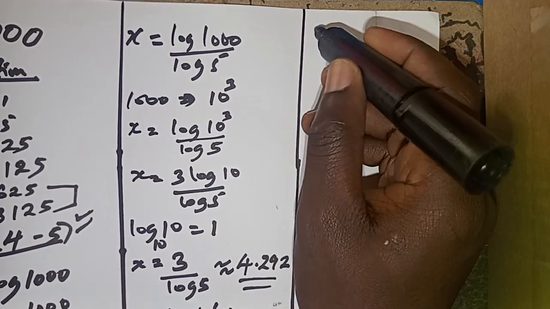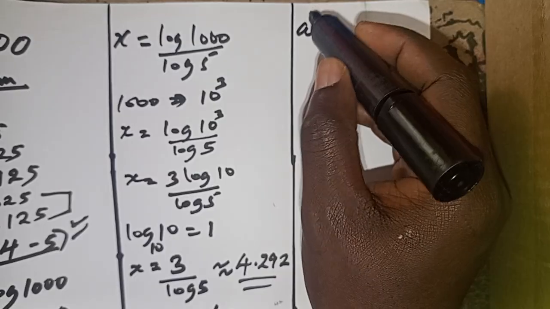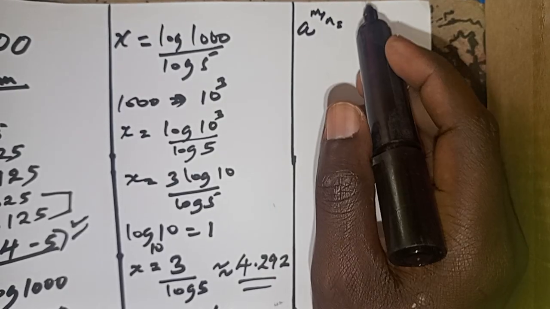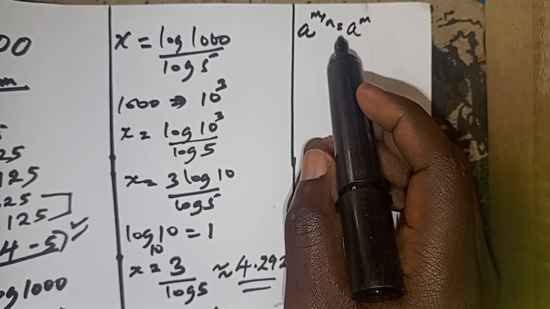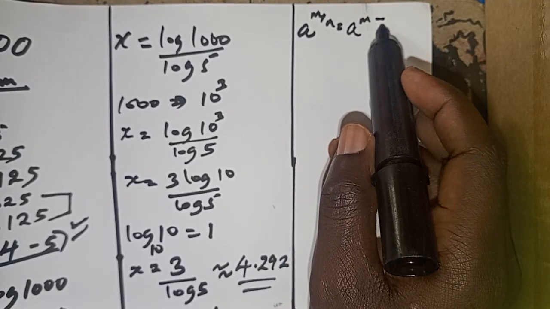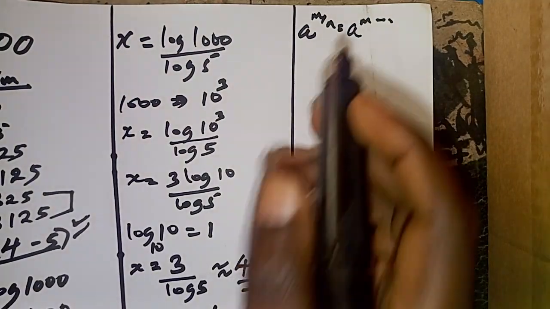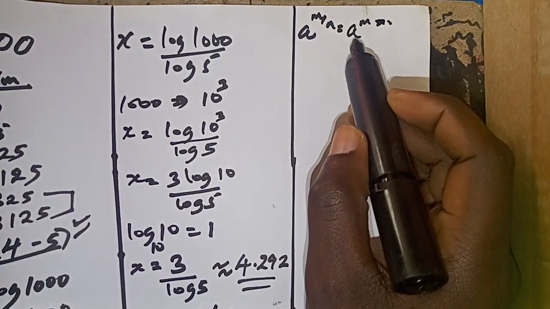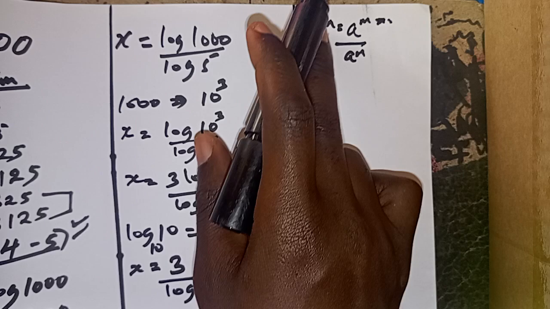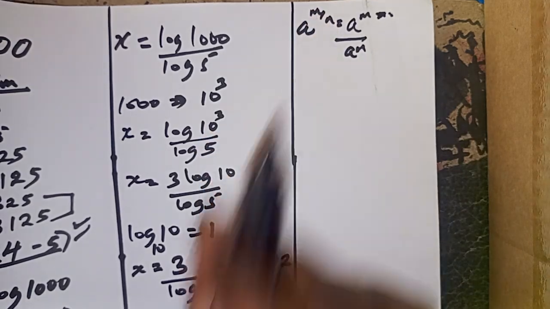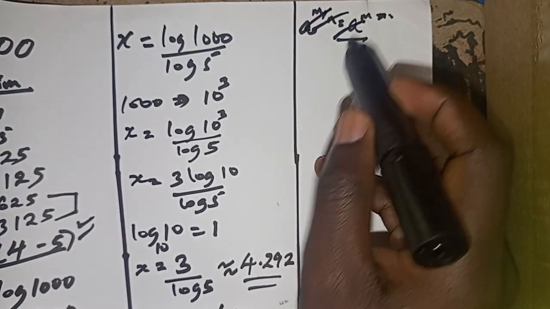Also recall that when you have an index in the form of a raised to m over n, then this can be written as a raised to m, and you divide the powers.